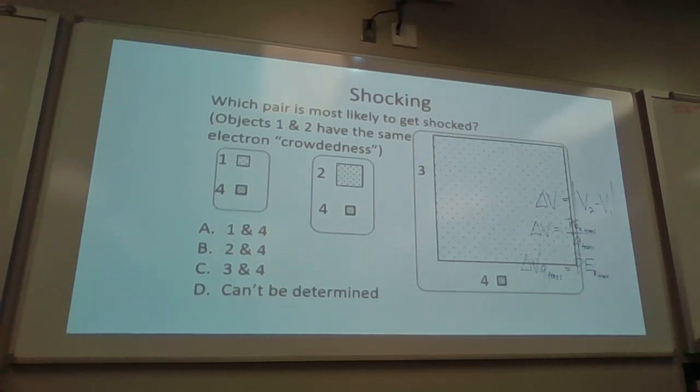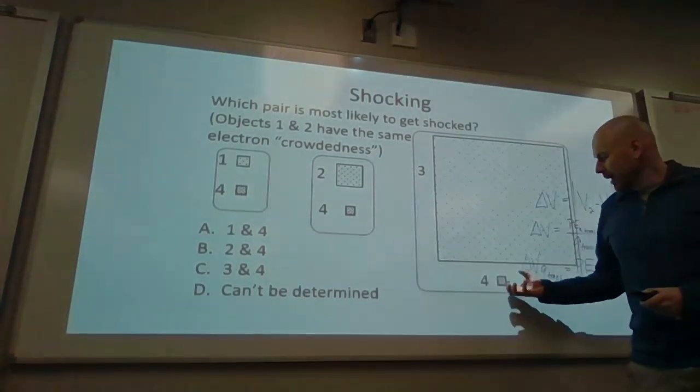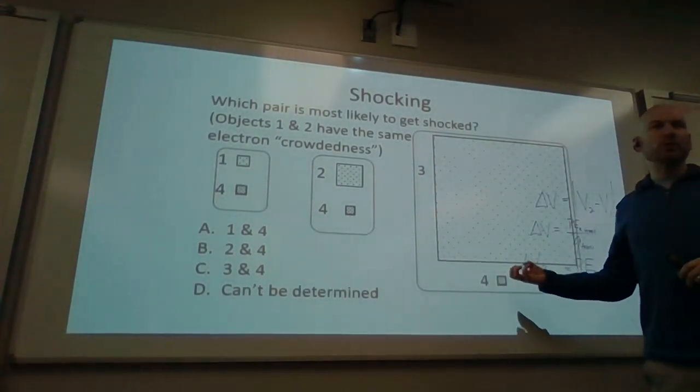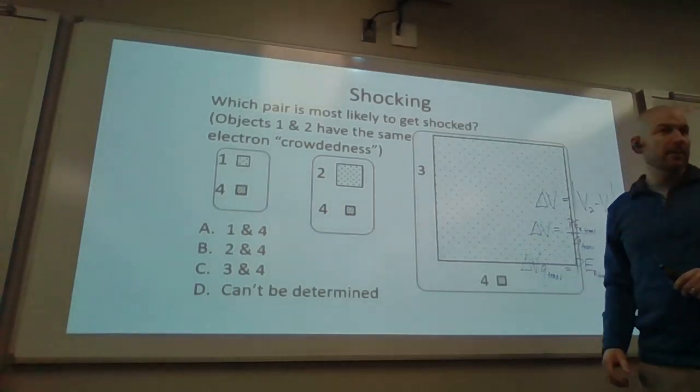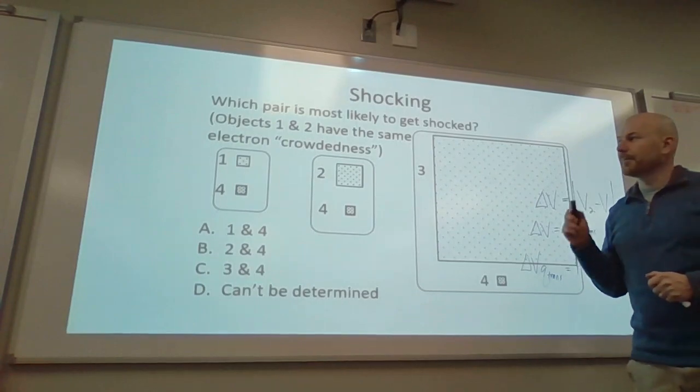Correct answer is C, 3 and 4. Okay? The difference in crowdedness is much more drastic from here to here than it is in these other places.